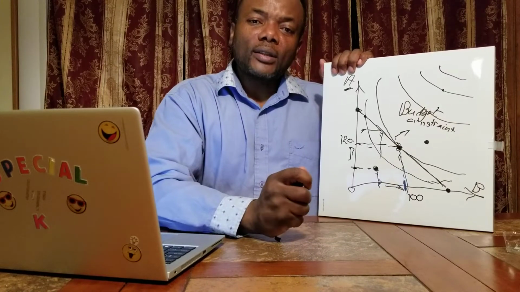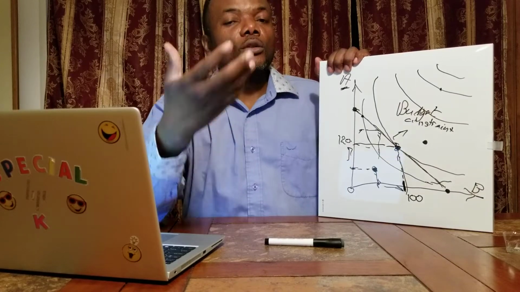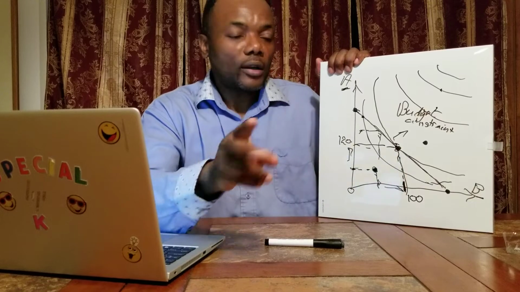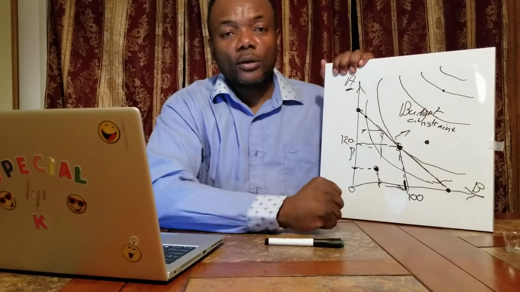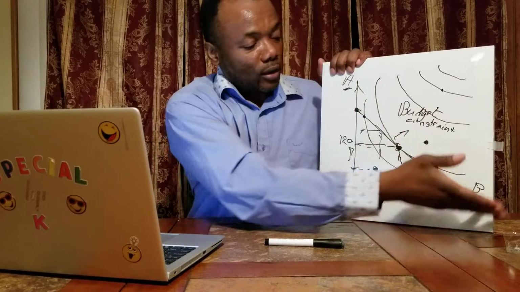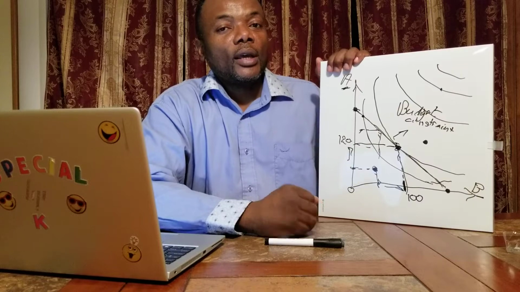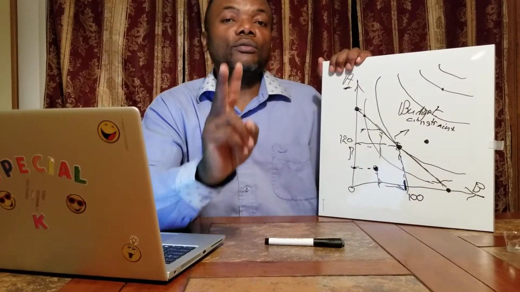Now let's apply the same concept to consumption and labor. Here we were using two distinct products, product A and product B. Could be Pepsi and Coke, could be chocolate and candy, or whatever product you want. Now we're going to shift, apply the same concept, but use two different types of products.